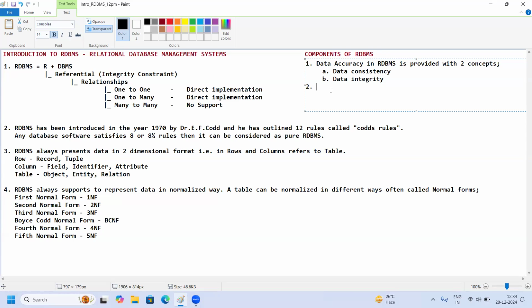Data integrity, I'll cover in the integrity constraints topic.